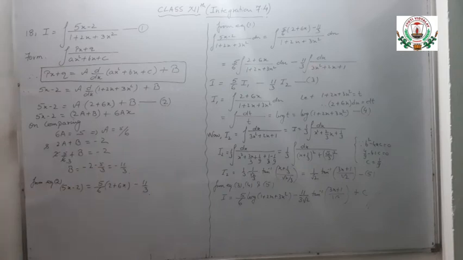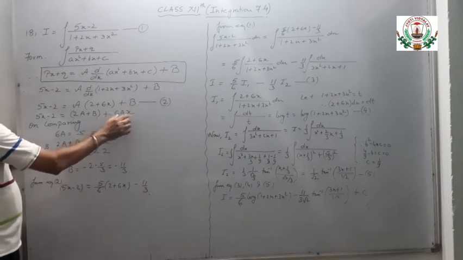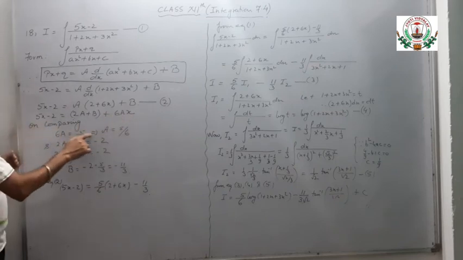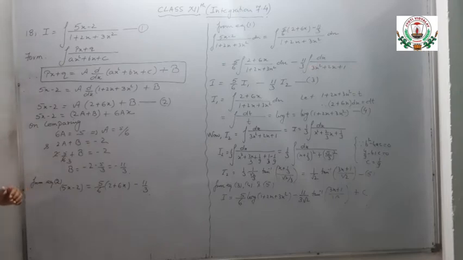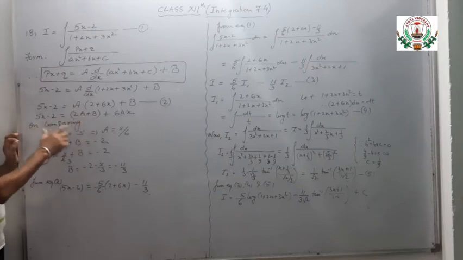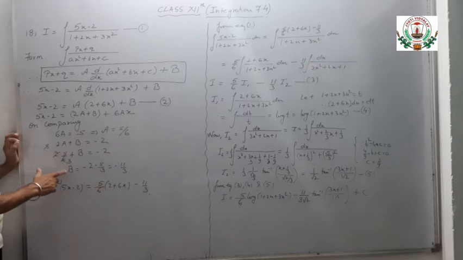Now you compare LHS and RHS. Coefficient of x is 6a and coefficient of x on the left side is 5. So a is equals to 5 by 6. And now the constant terms: 2a plus b is equals to minus 2. Substitute the value of a which you obtained and get the value of b, minus 11 by 3.